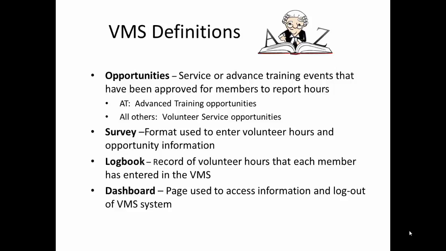Every advanced training opportunity in the GBAC begins with the AT:. All other opportunities are volunteer service. You cannot report volunteer service with an advanced training opportunity, or advanced training with a volunteer service opportunity. They will have to be re-entered.